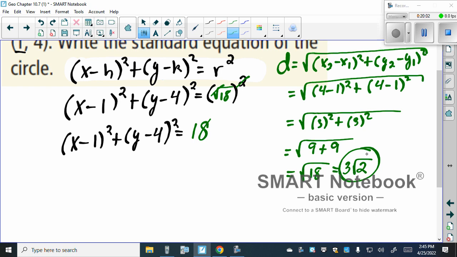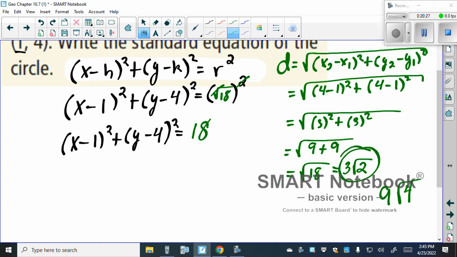Because 3 square root of 2 squared, so 3 times 3 is 9, times square root of 2 squared. Well, what's the square root of 4? 2. No, 9 times 2 is 18. We'd get to the same spot. I would use the square root of 18 if I didn't have a calculator, because I know that those will simplify, giving us just 18.